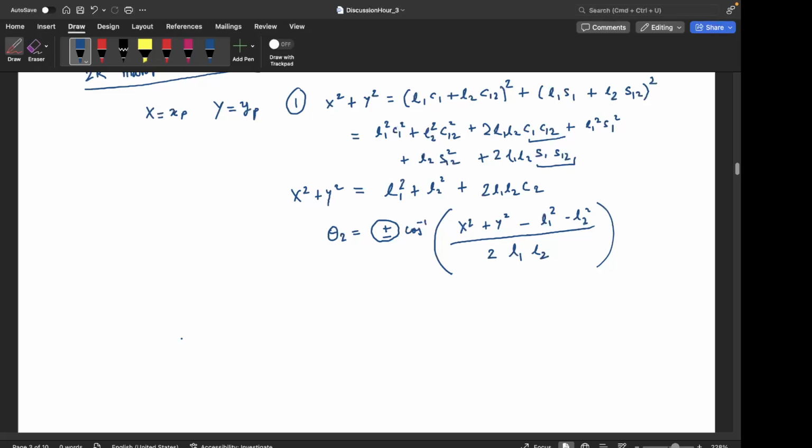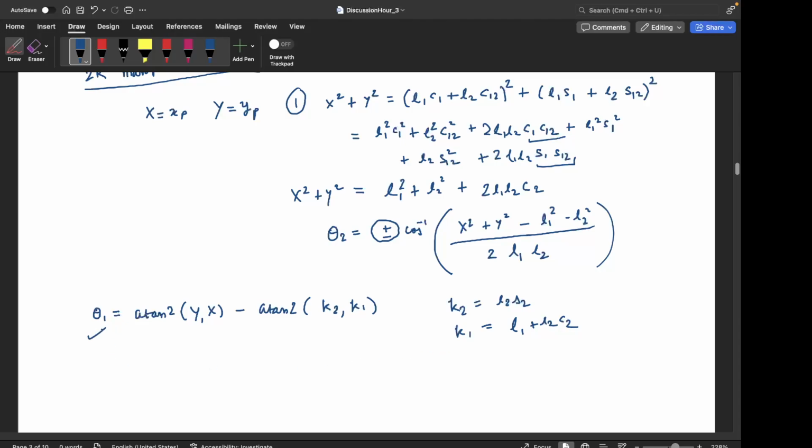Now we have to find out theta 1, and theta 1 is basically given by this relation, which is atan2 of (y, x) minus atan2 of (k2, k1), where k2 is L2 S2 and k1 is L1 plus L2 C2.